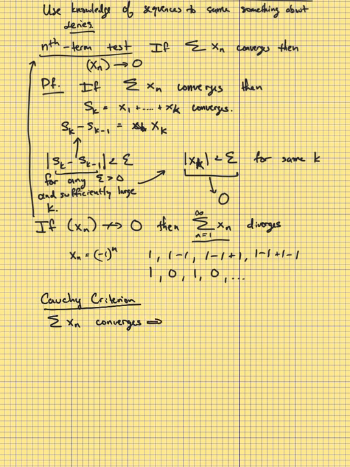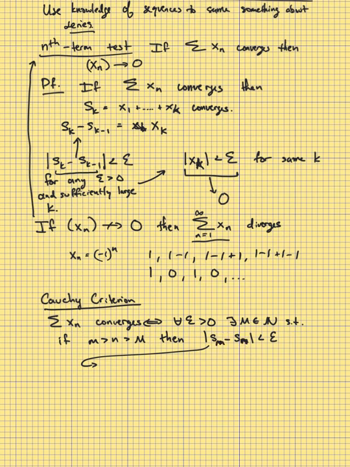So therefore, this is equivalent to, for any epsilon greater than 0, there exists some m so that if n is greater than m, then these terms, s sub n minus s sub m, should be less than epsilon. This is exactly Cauchy's criterion, but of course we can write this again as s sub m minus s sub n.